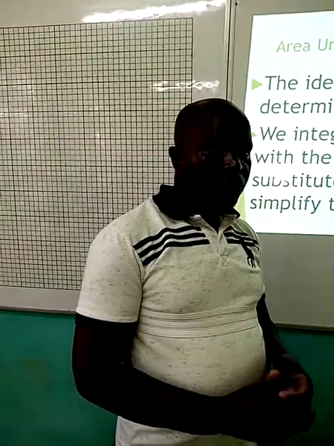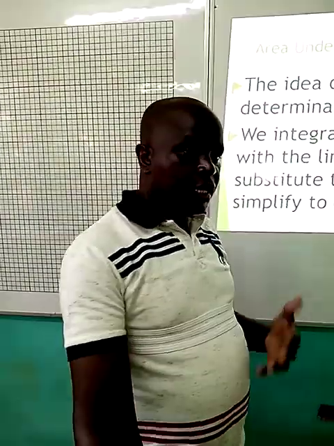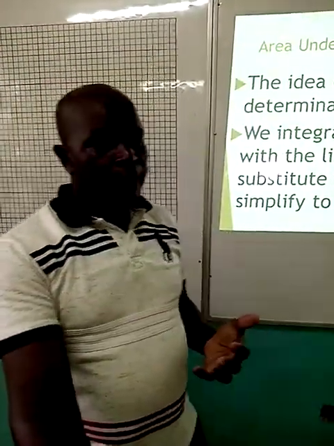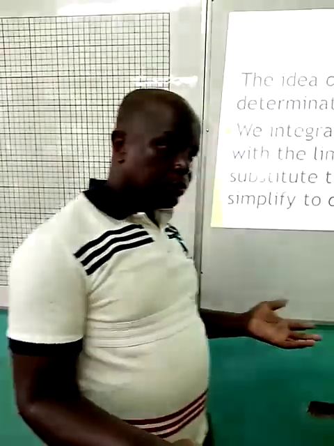Now, when we apply integration in determination of area, I want you to understand that here we are going to apply more the idea of definite integration to be able to get area under a curve, because when we are supposed to get area under a curve, bounds must be given, otherwise the area remains indefinite.